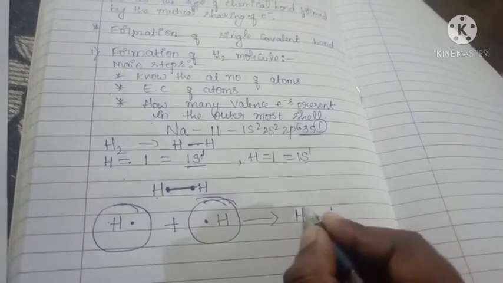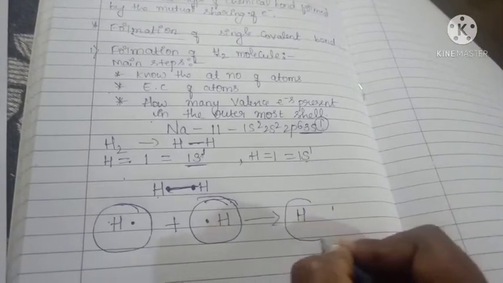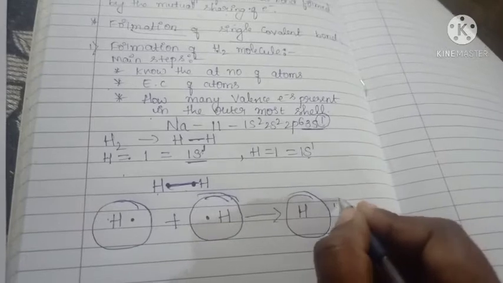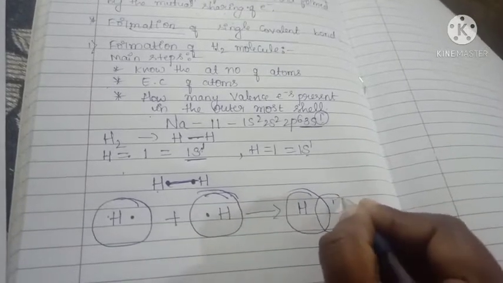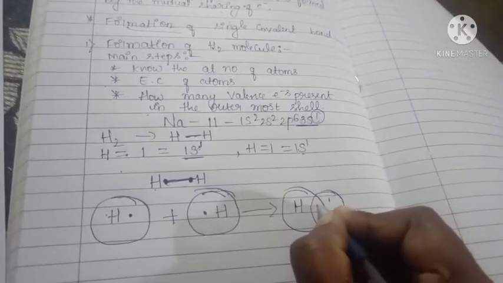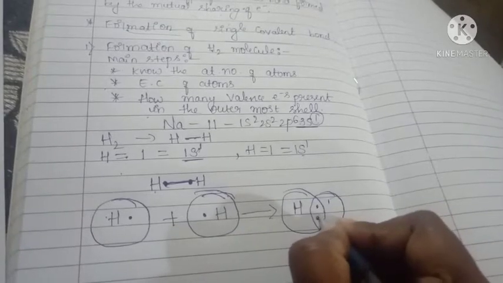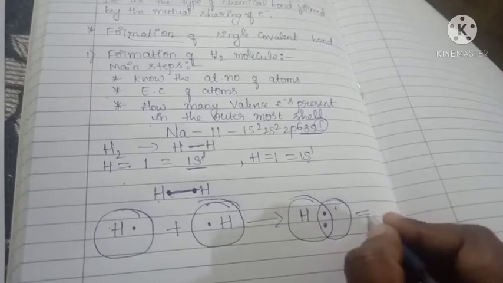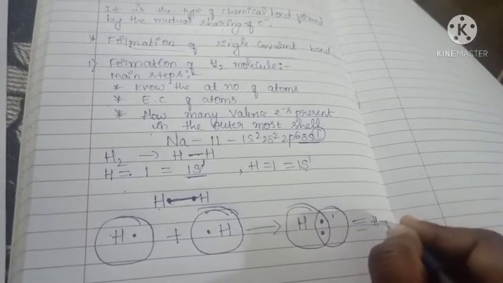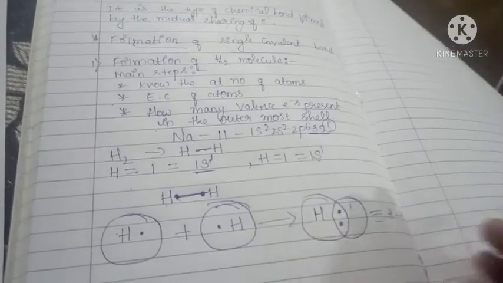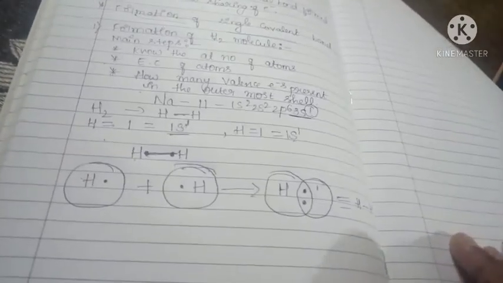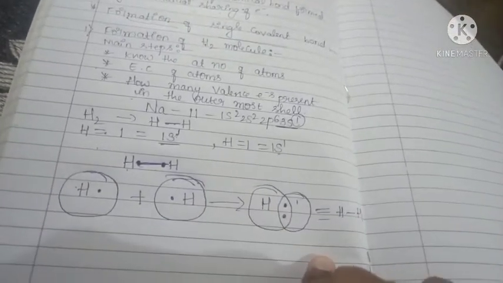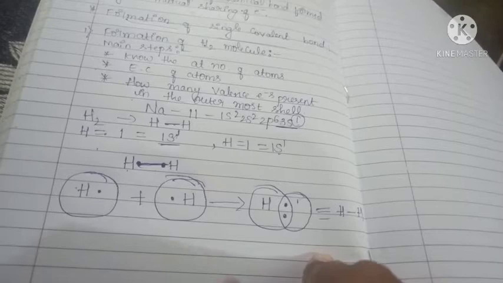Here there are two hydrogen atoms you have to write, and they form a bond axially. It is equivalent to H, single bond, H. Okay, this is all about the formation of the hydrogen molecule.